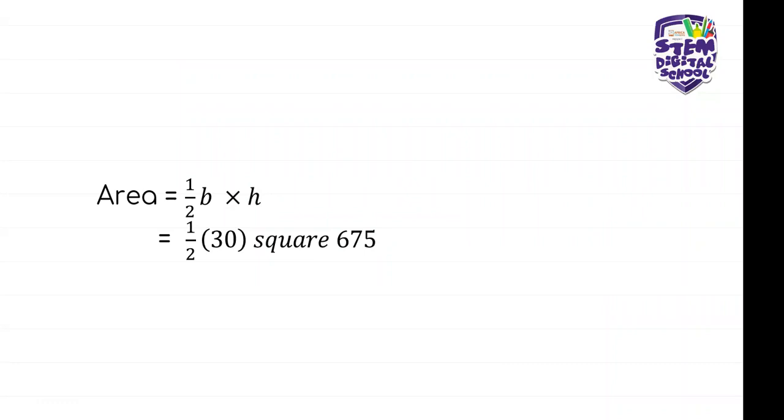So it's half of 30 times the perpendicular height. All right. So the formula there is half a base times the perpendicular height.